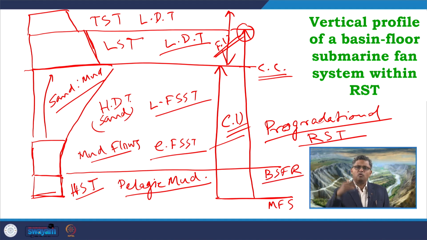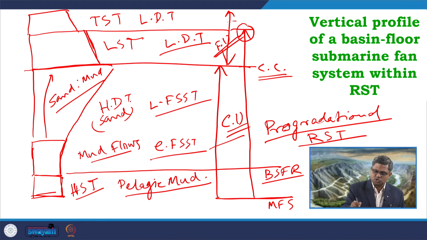So, within the overall package that is forming in the deep basinal part, we can find all the depositional systems with their characteristic depositional pattern and facies architecture recorded, but their accumulation pattern, their stratal stacking pattern, varies gradually in the vertical profile.